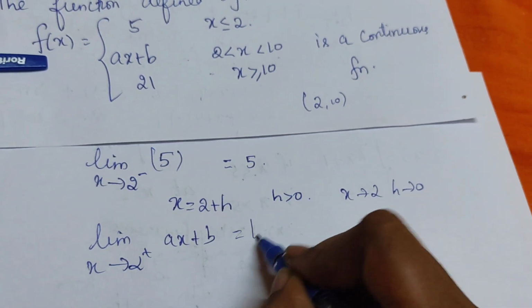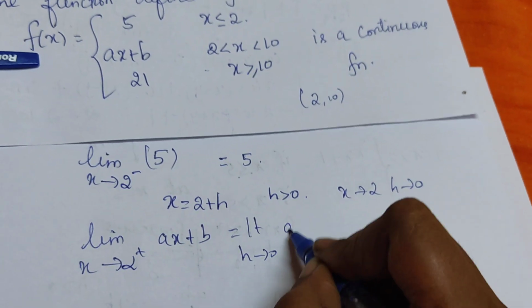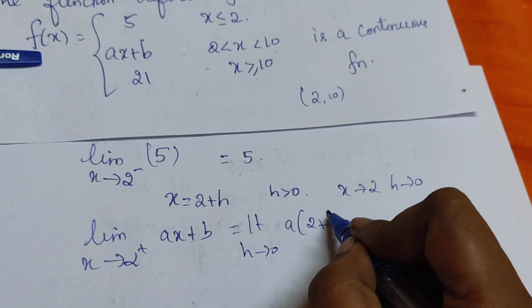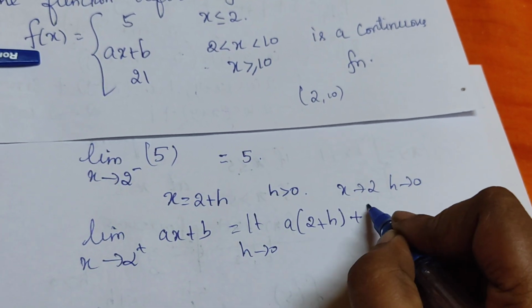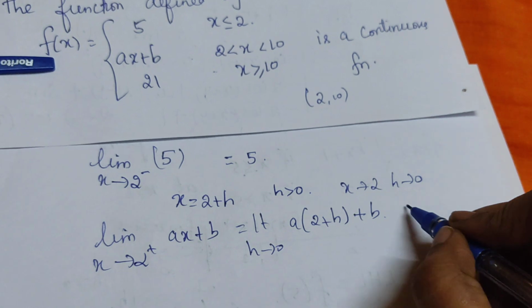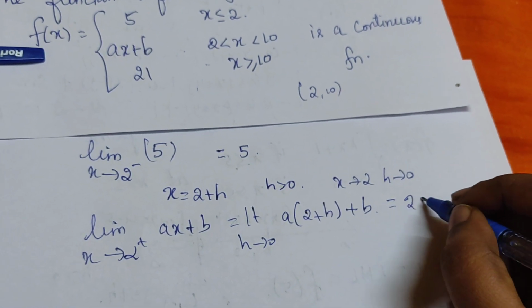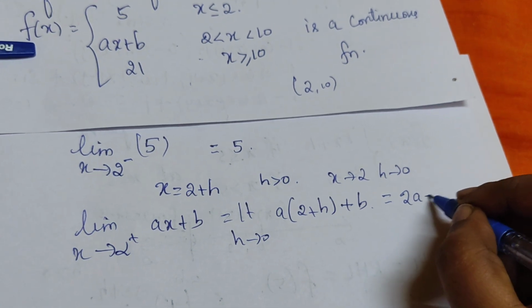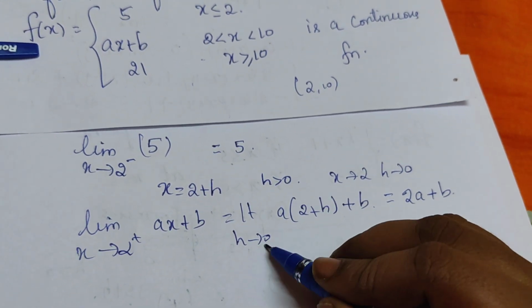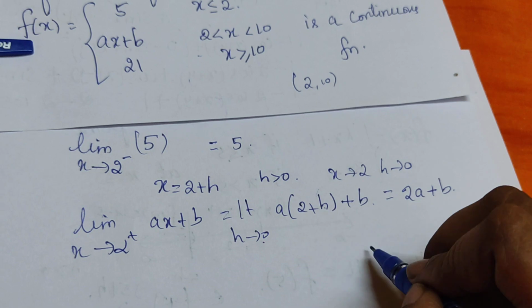So we will apply limit h tends to 0, a times 2 plus h plus b. Now we will apply the limit. After applying the limit we will get 2a plus b, because this h vanishes.